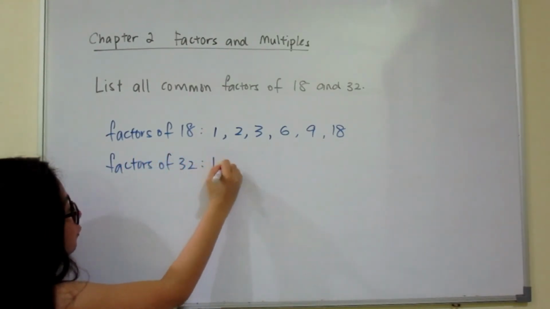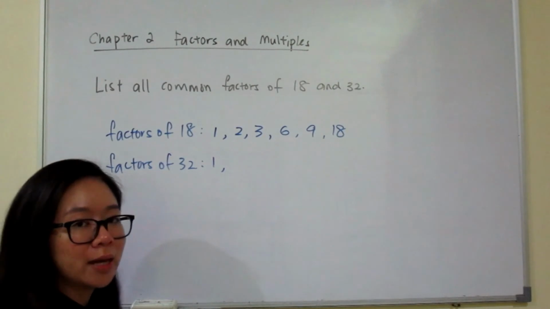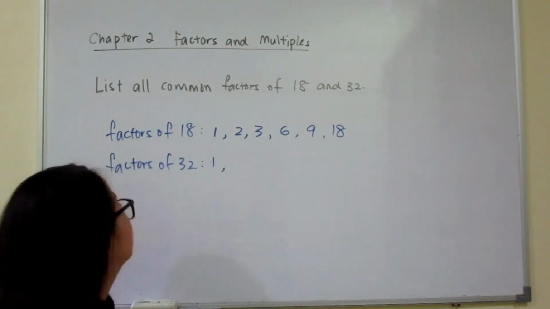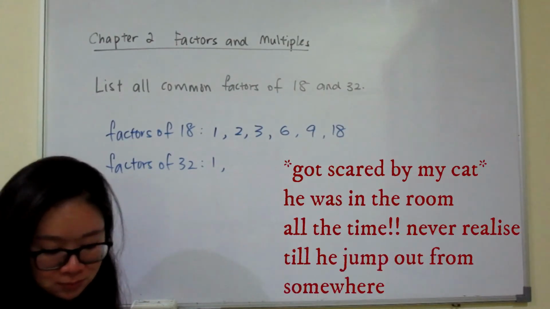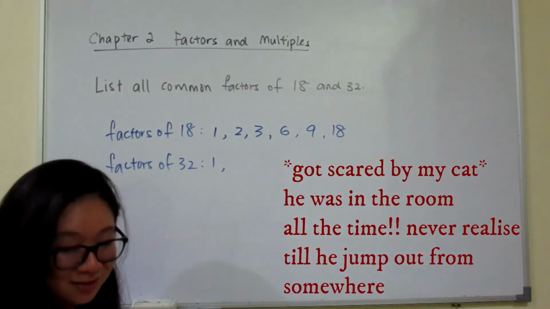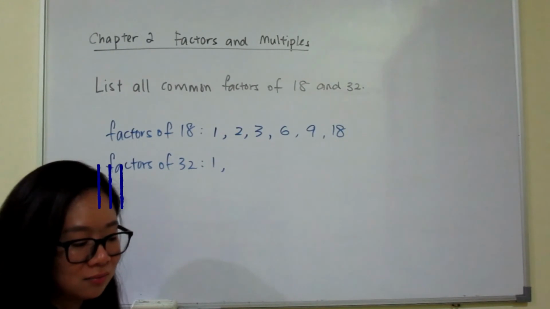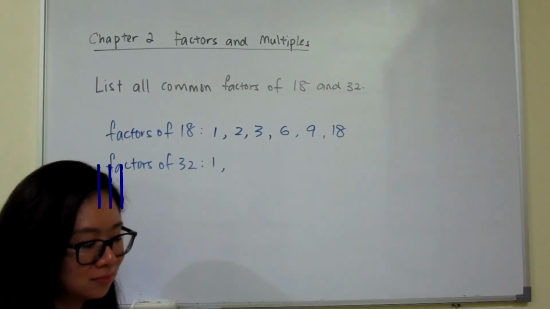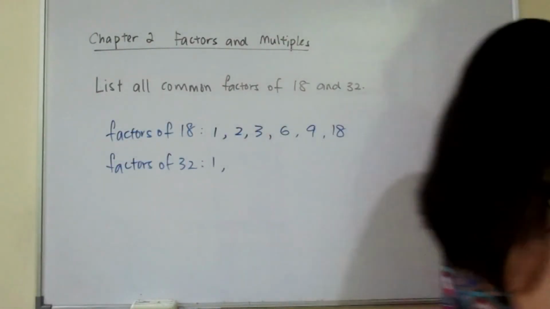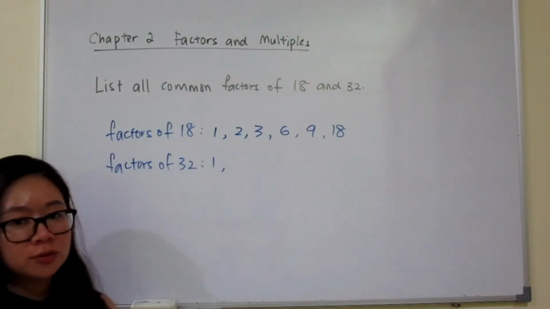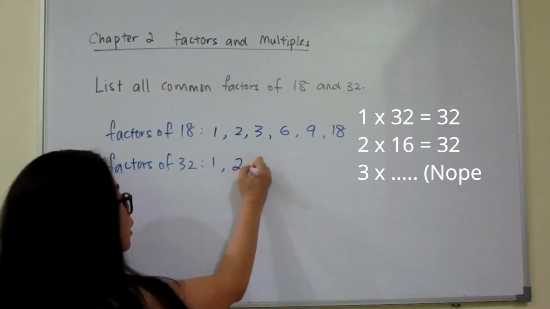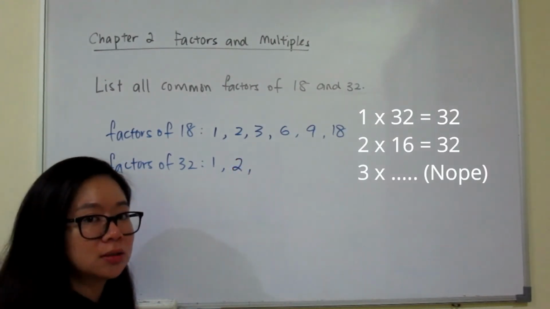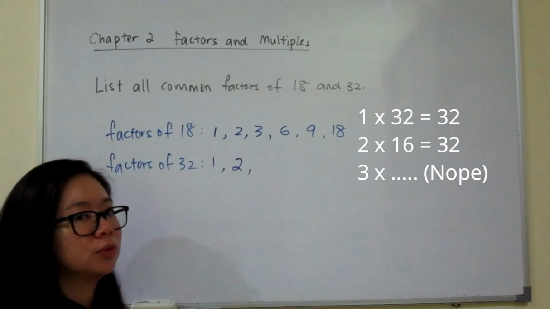32. Let's start with 1. 1 times 32 is 32. Then 2, 32 divided by 2 is 16, so later on we're going to put 16 over there.